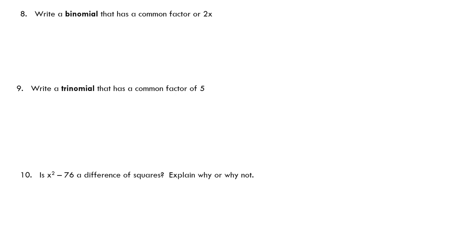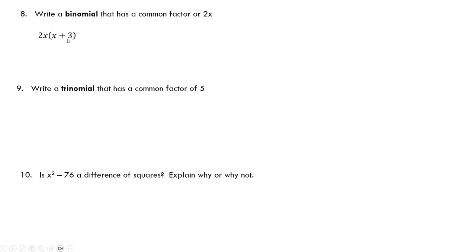Write a binomial that has a common factor of 2x. Well, we can write this just by putting a 2x in front of some brackets and then just writing a binomial inside the brackets. So there's our common factor on the outside.